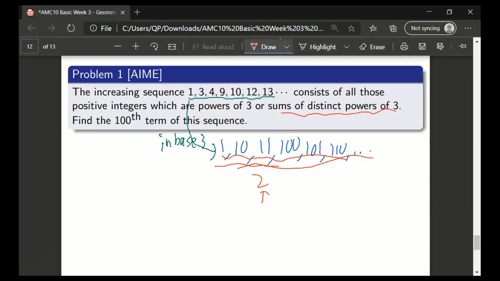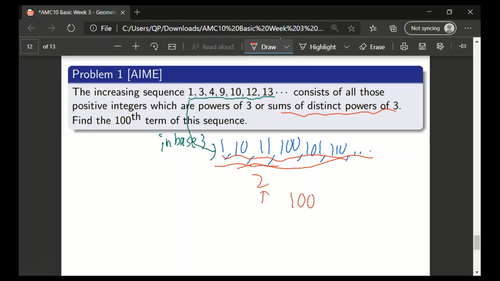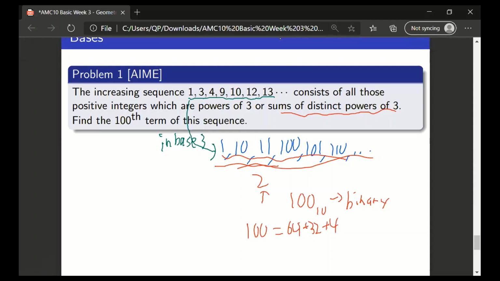So now what you really want is to find 100 in binary. 100 is 64 plus 32 plus 4. So in binary, that's 1100100 base 2.